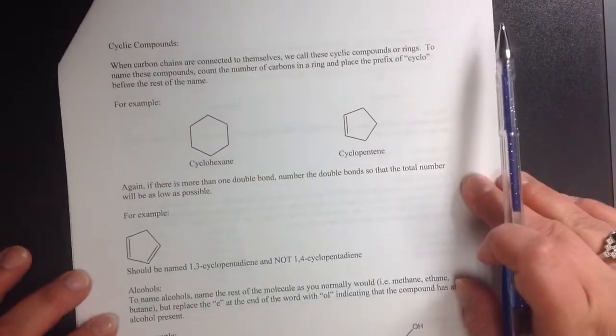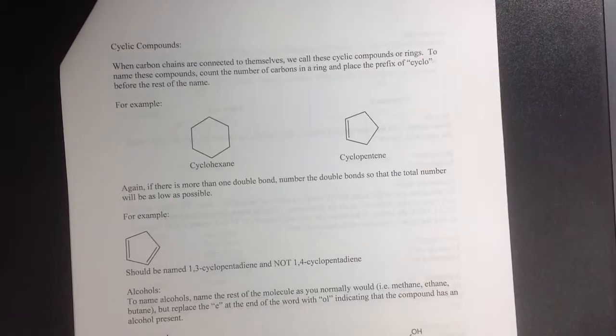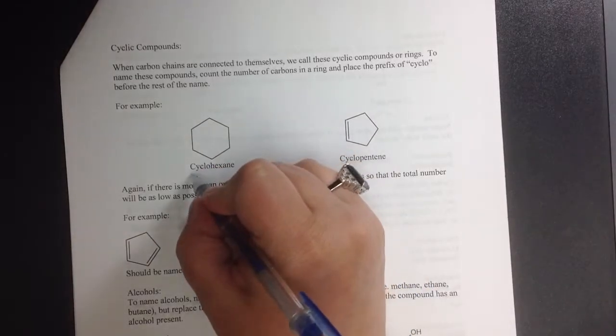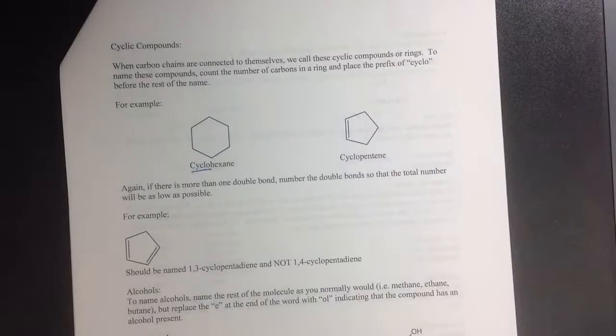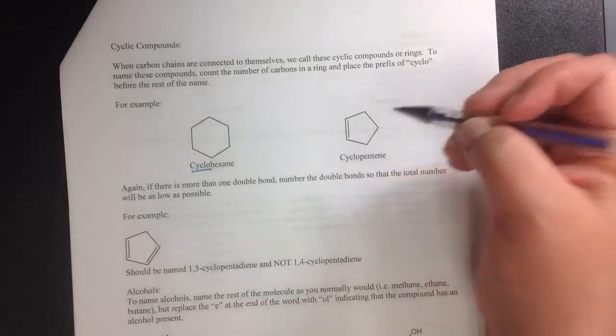And next, we can cyclize these guys. The big difference between cycles and lines is you write a cyclo- at the beginning. Now, it is true that, again, you have to tell people where the double bond is in something like this.